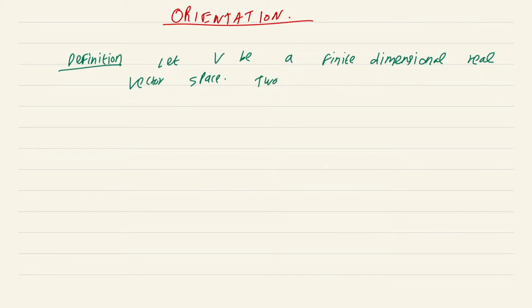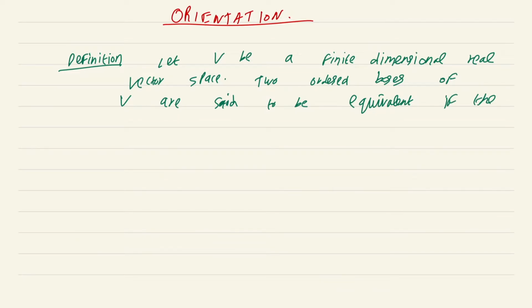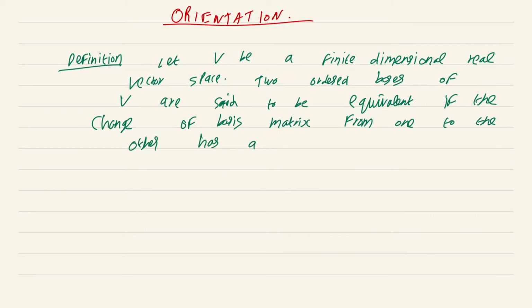Two ordered bases of V are said to be equivalent if the change of basis matrix from one to the other has a positive determinant.